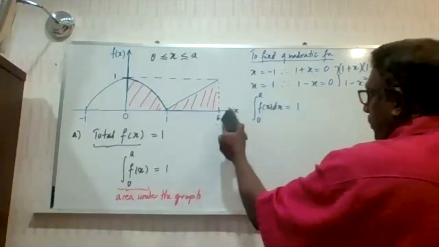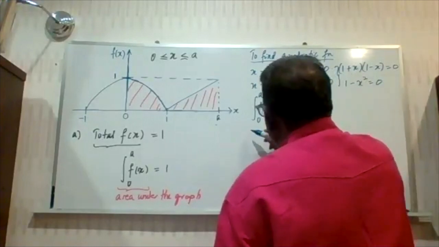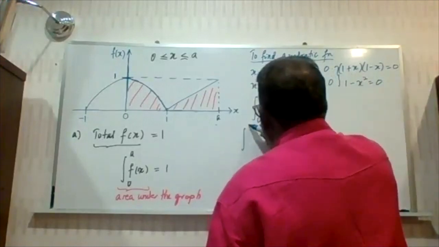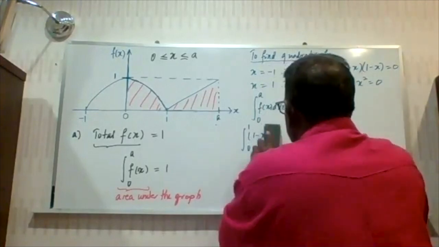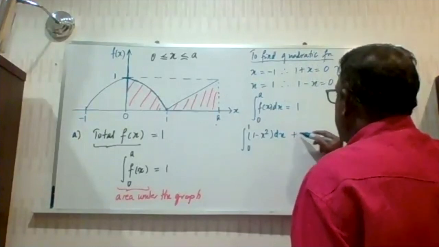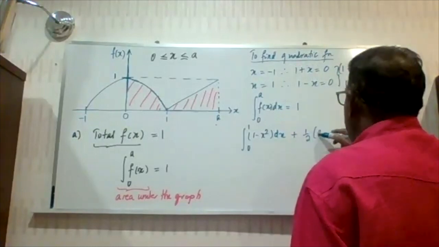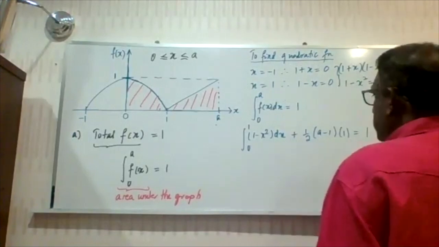That means from here to here the whole region must be 1. Now I break it up: the integral from 0 to 1 of (1 minus x squared) dx plus half times (a minus 1) times 1 equals 1.